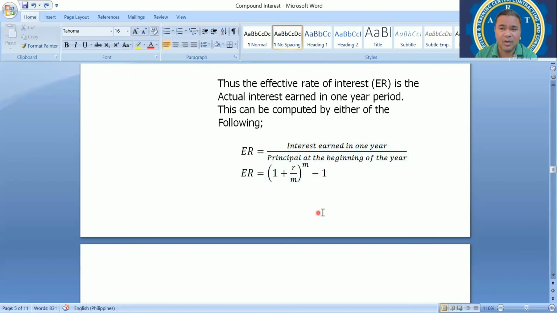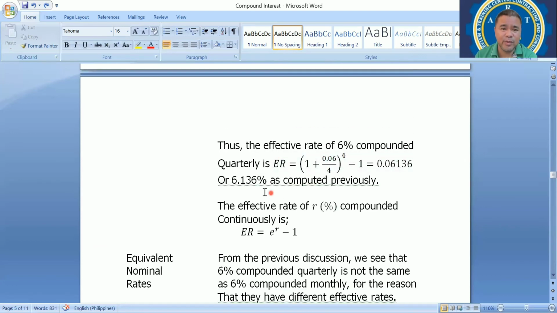Or ER equals (1 plus R over M) to the power M, minus 1, where R is the nominal interest rate. It is good to familiarize or memorize this: ER equals (1 plus R over M) to the power M minus 1. Thus, the effective rate of 6% compounded quarterly is ER equals (1 plus 0.06 over 4) to the power 4, minus 1, equals 0.06136 or 6.136%, as computed previously.